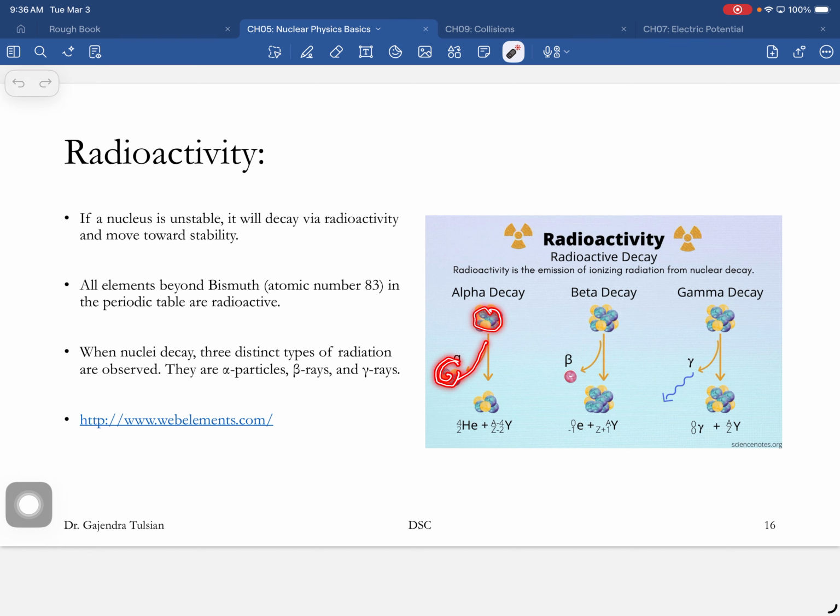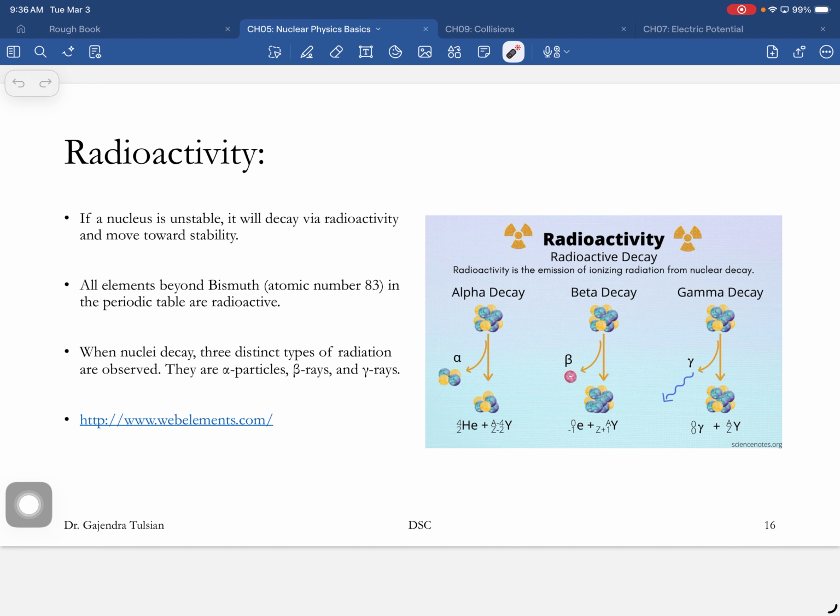An alpha particle is just a helium nucleus. You see the guy on the top right, that's the helium atom. It has 2 protons and 2 neutrons, so it can decay via alpha decay. And then there's the daughter nucleus. Okay, so there's one way of decaying.